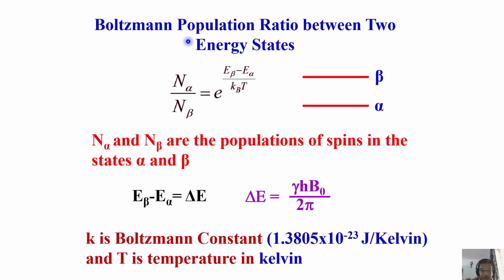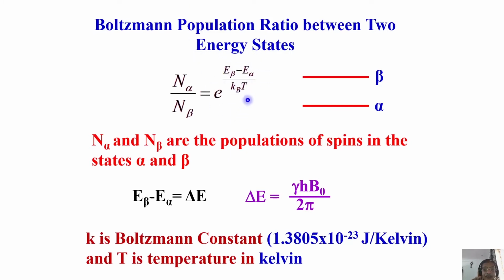That's one point. What is the second possibility to increase the population difference? It is also governed by T, temperature. Temperature is in the denominator. I can vary T, I can take it to infinity or make it zero. I vary T the way I want. Let us see what happens. If T reduces, this keeps on increasing.